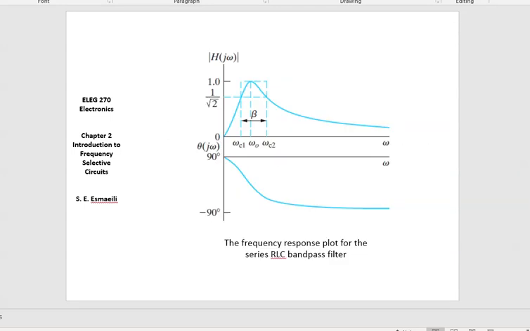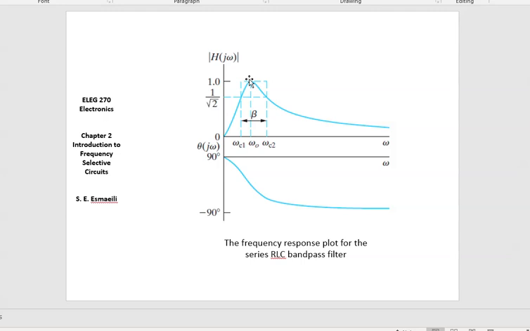Point number two that I want you to keep in mind is that no bandpass filter is ideal. As you remember, the ideal shape is a rectangle, but we will never have an ideal performance from a filter. You will have a performance like this, in which the magnitudes below 70% of the maximum magnitude are considered a fail, so they're not passing.